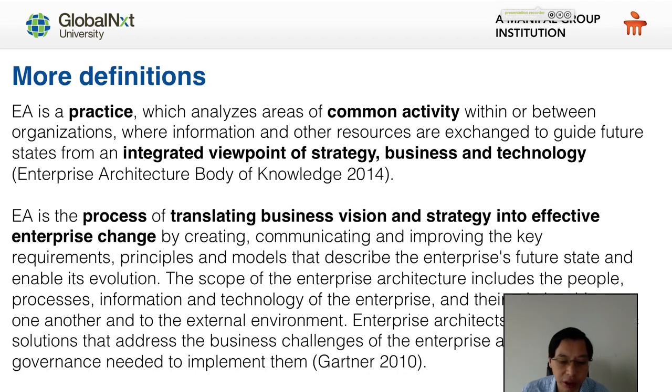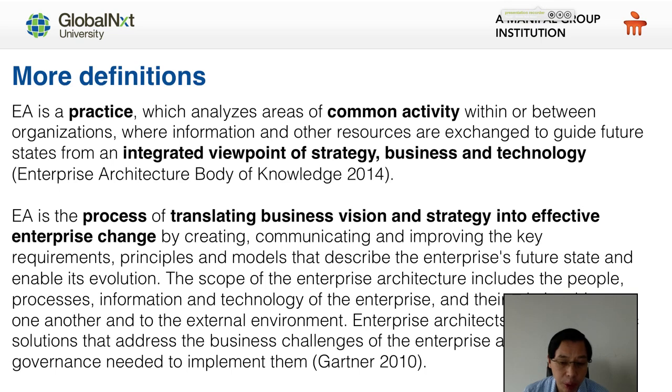And here's the final definition from Gartner, which is the research company. EA is the process of translating business vision and strategy into effective enterprise change by creating, communicating, and improving the key requirements, principles, and models that describe the enterprise's future state and enable its evolution.